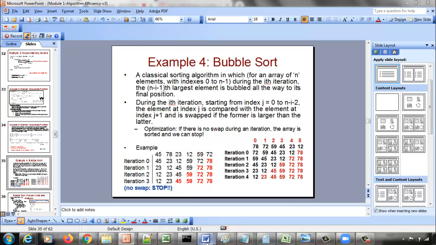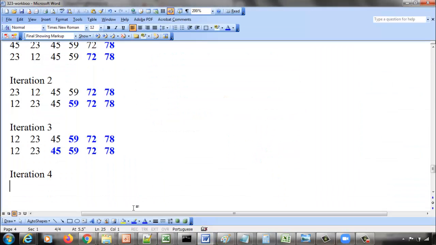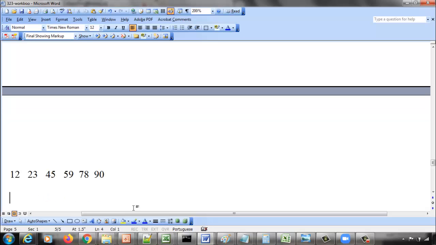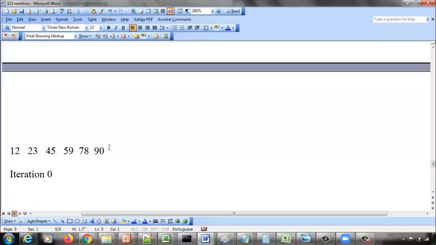This can happen if the given array itself is already sorted. So if I already gave you the sorted array, something like this, we go through one iteration and go through all the pairwise comparisons.